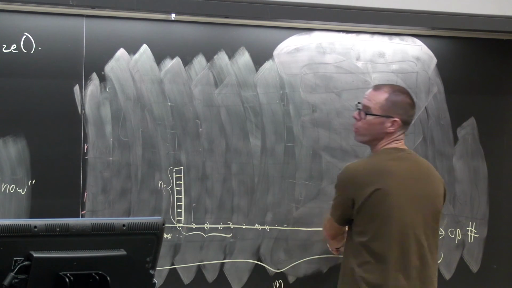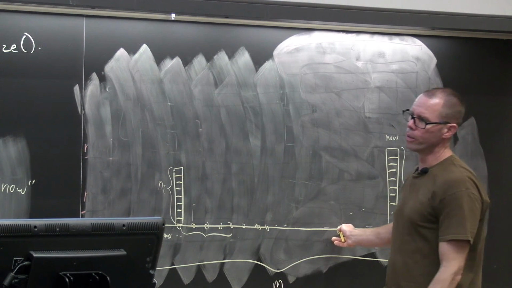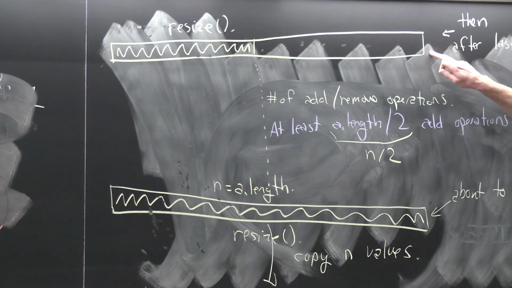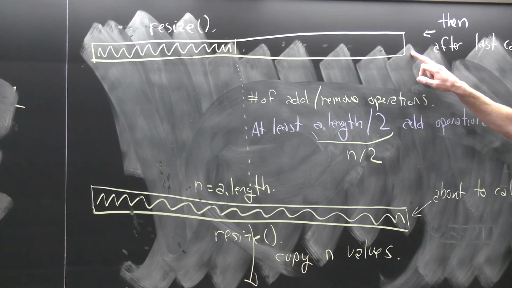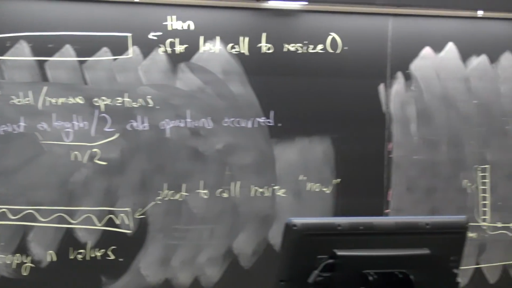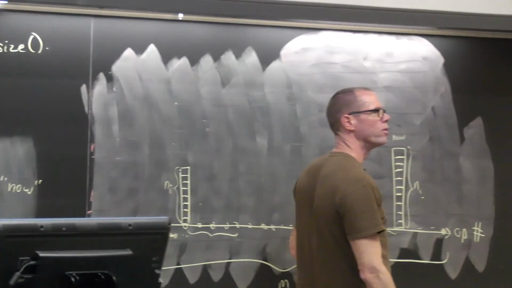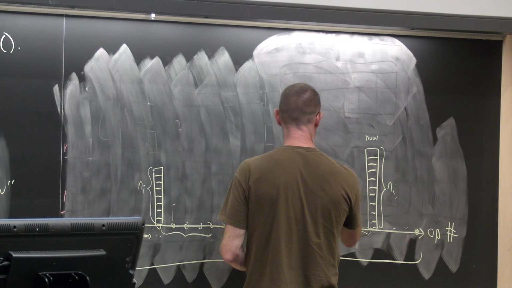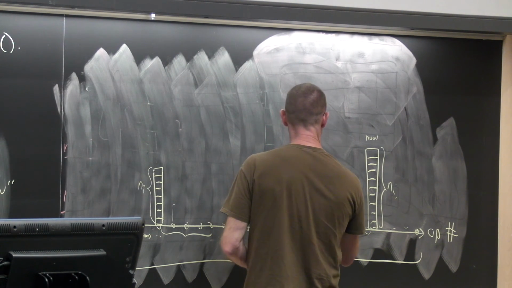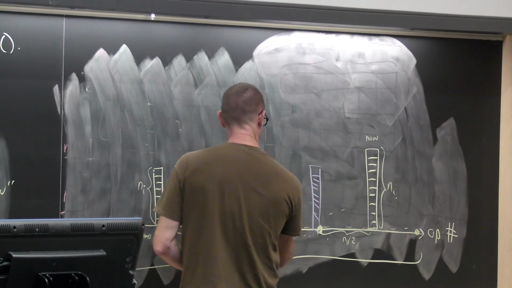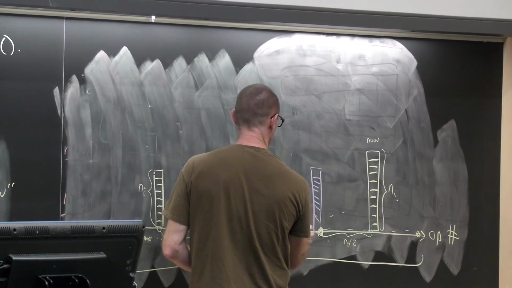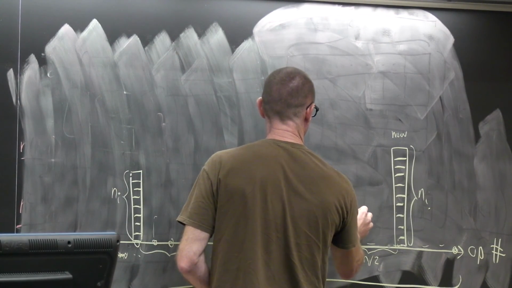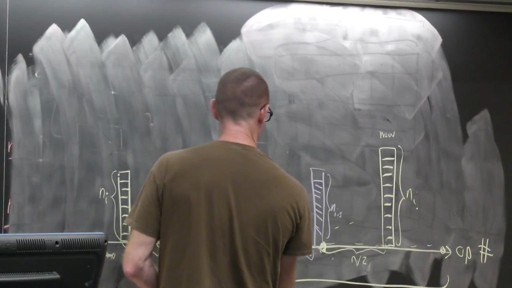And that's what both of those pictures show you. We have an n here, and the gap between that and the last one is n over 2. So if this was n_i, then this is n over 2. And then there was another resize operation, maybe back here, but this gap is at least n_{i-1}.